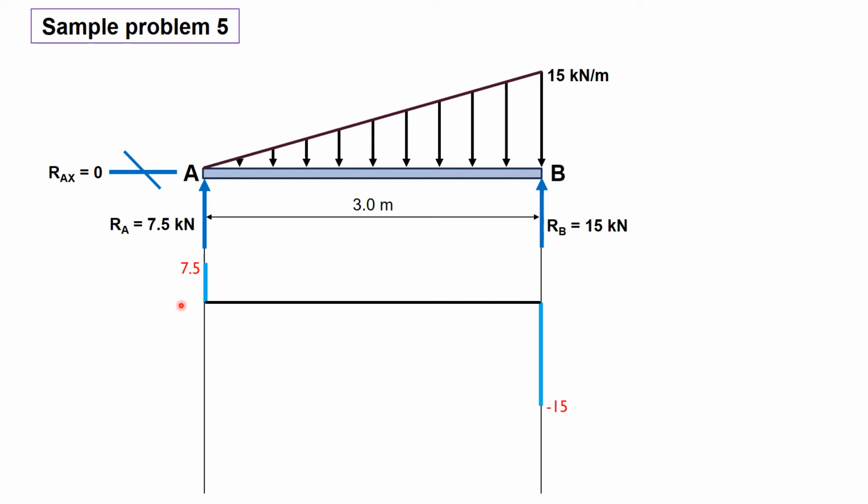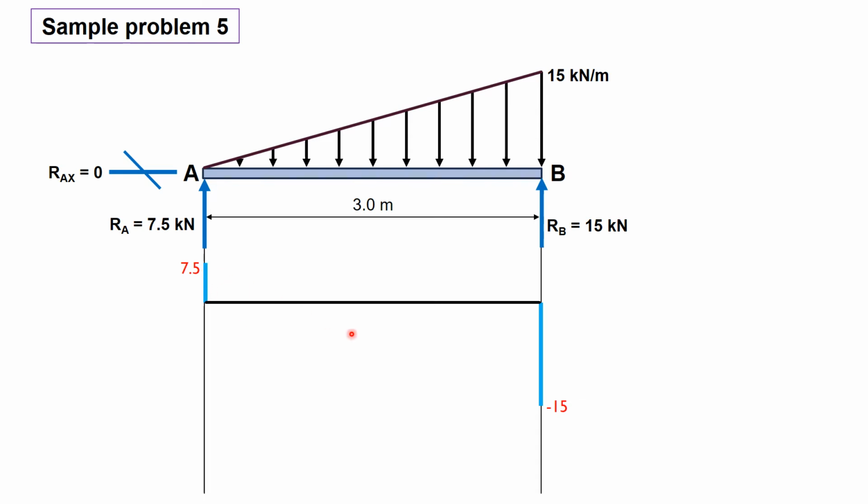But of course, again, you need to determine if the curved line that will connect the two will be concave upward or concave downward. Based on the guideline, when the load diagram is increasing, so this one is increasing, the shear diagram is concave downward.